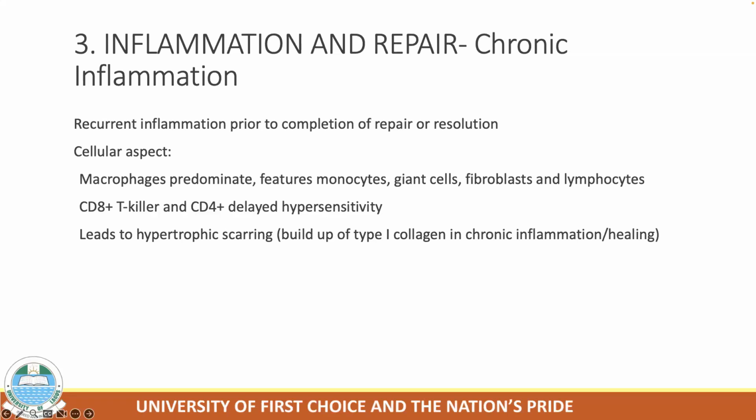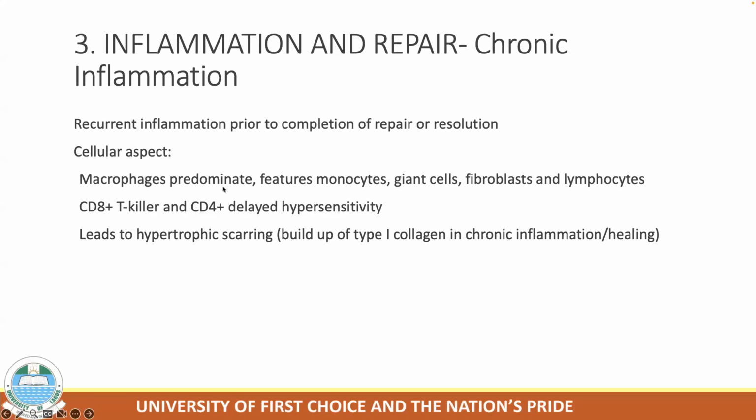But every time the mycobacteria comes up again, a new inflammatory process begins. So that is usually a source of recurrence of mycobacterial infection. So it's very important in our treatment of tuberculosis. And the cellular aspect is very important.